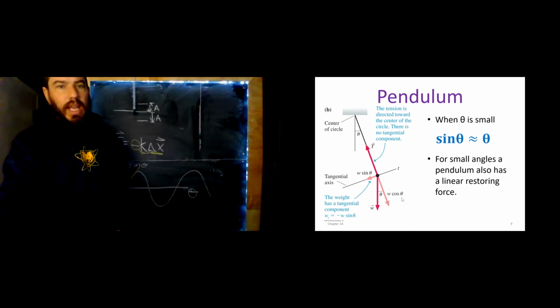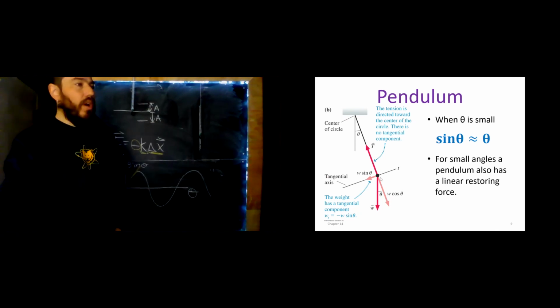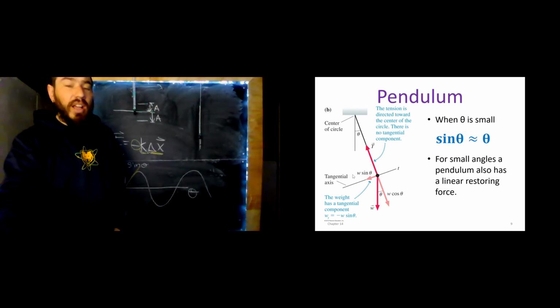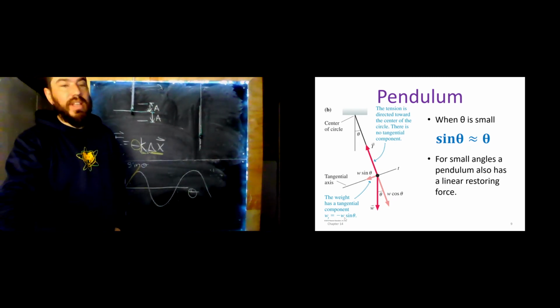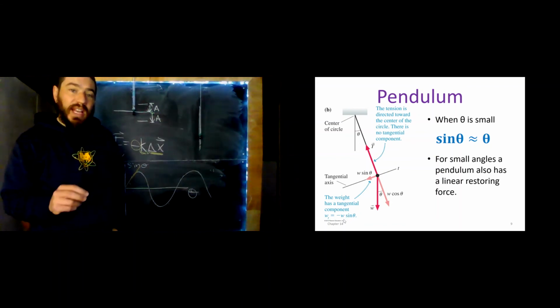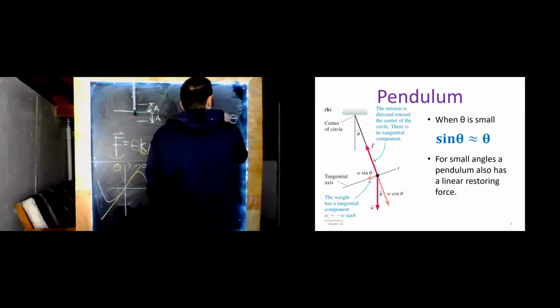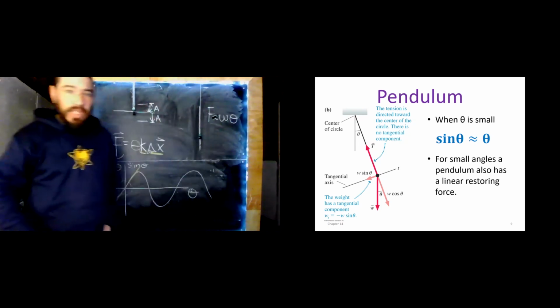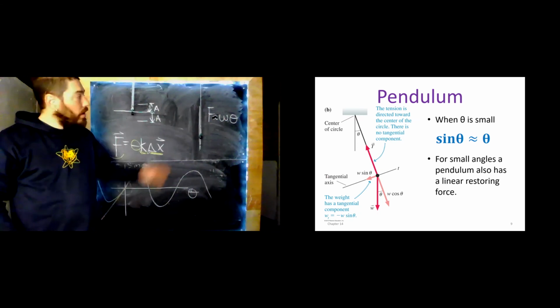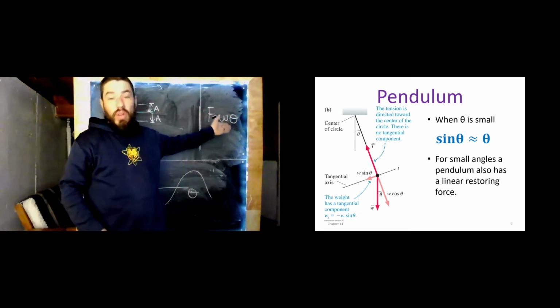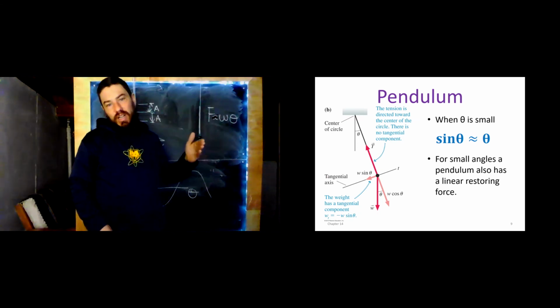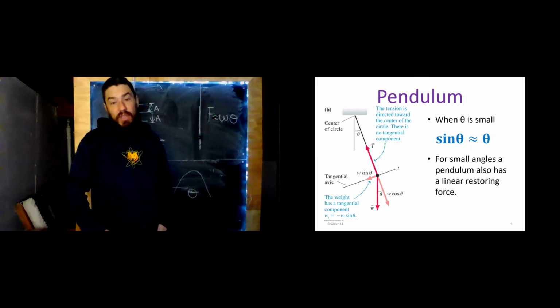Recall we did this quite a bit in chapter 5 for motion on a ramp. So if this component here is w sine theta, as long as the angle is very small, then we could write this as w times theta. The restoring force then is approximately equal to w times theta. So we have a restoring force that is linear. It's proportional to the angle of displacement.